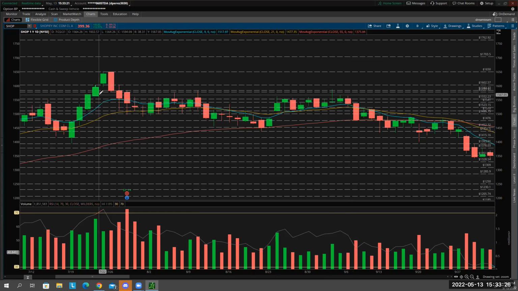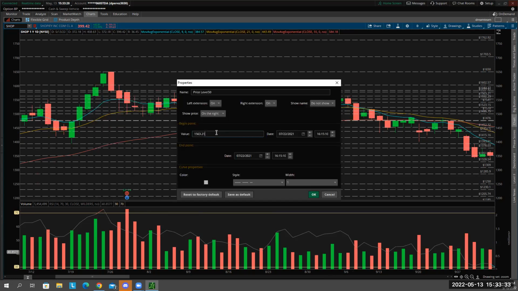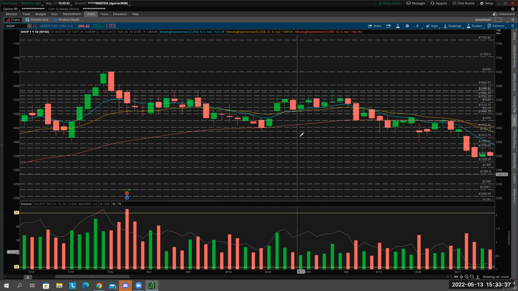Got rejection here along with support here. So I'm going to grab this level right here. Open to 1564.26. Many rejections and supports at this level.